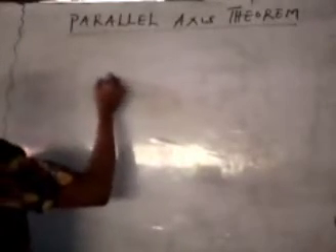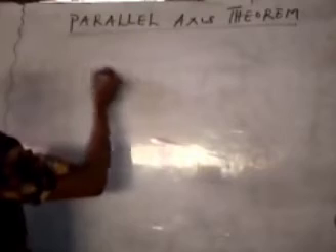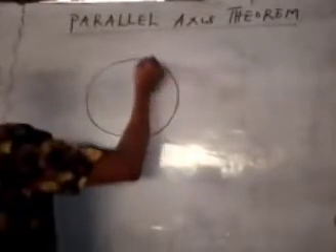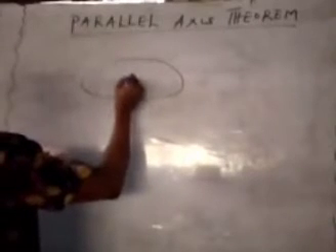Now to demonstrate this, let us assume that we are given an object like this. Let's say a disk. We have a disk, and I'm able to make a hole through the center of gravity.